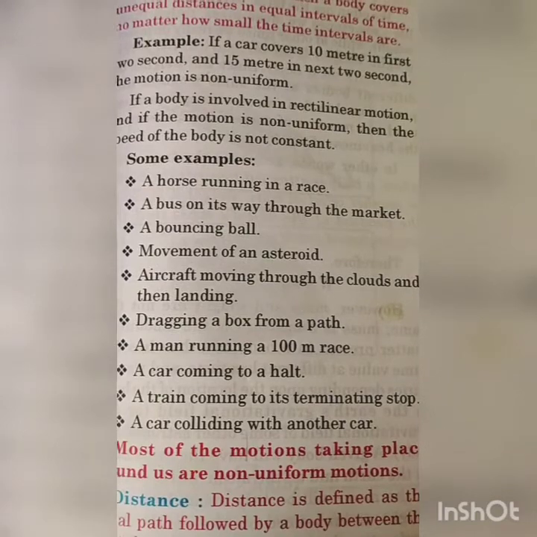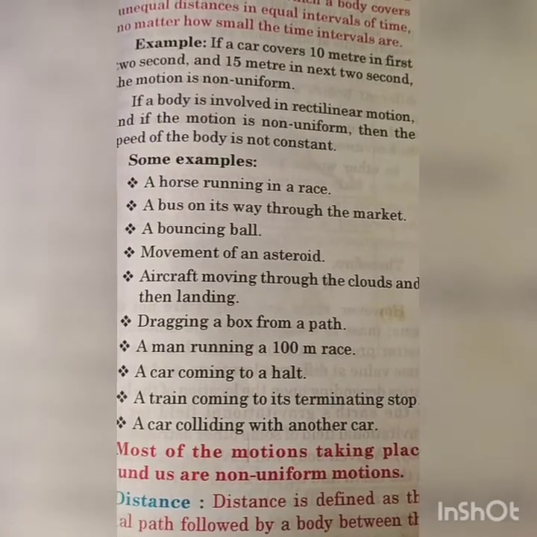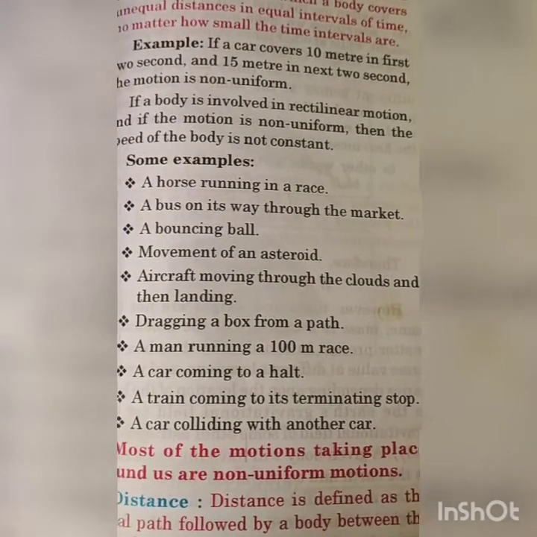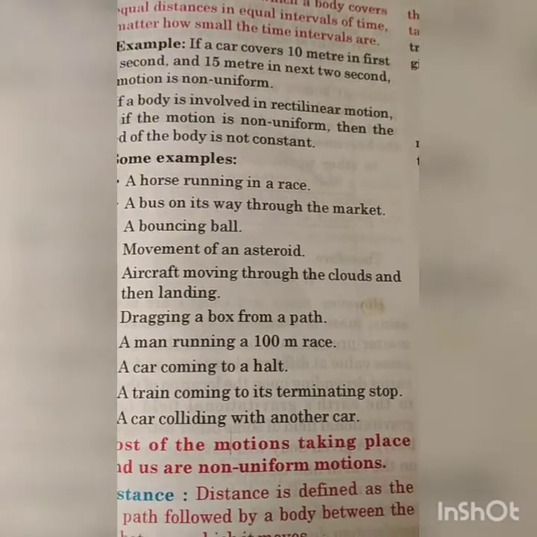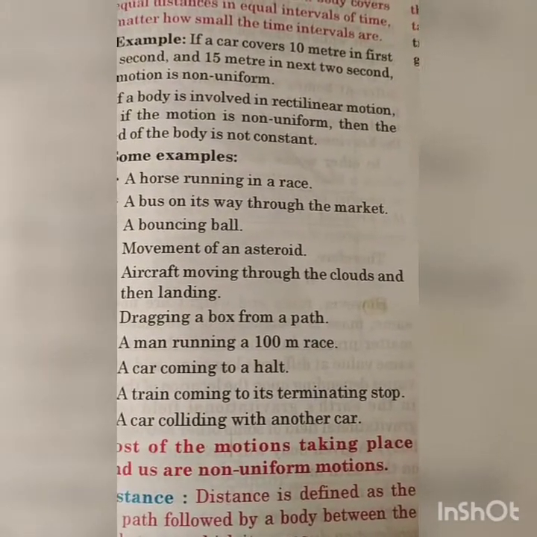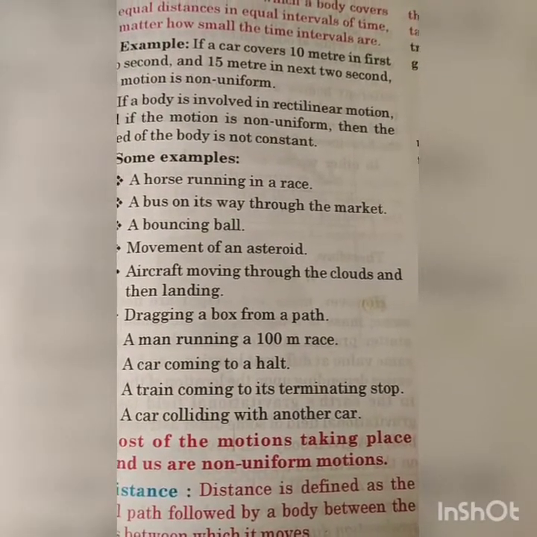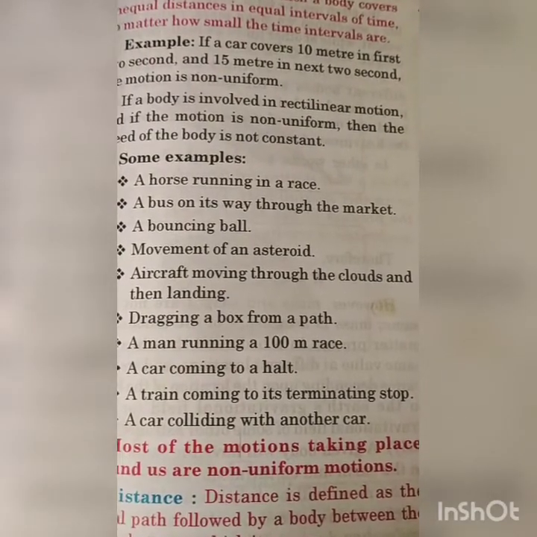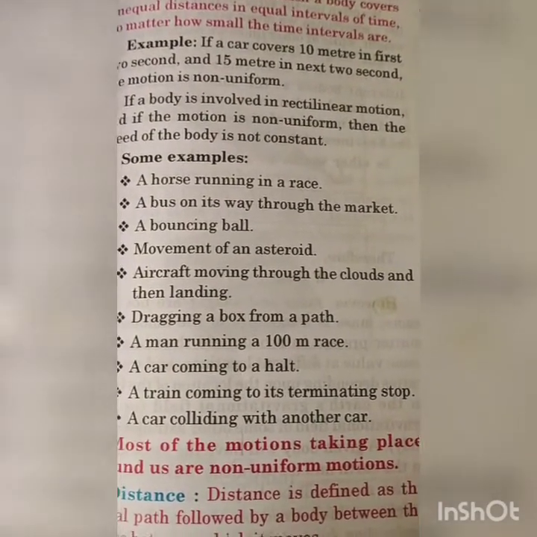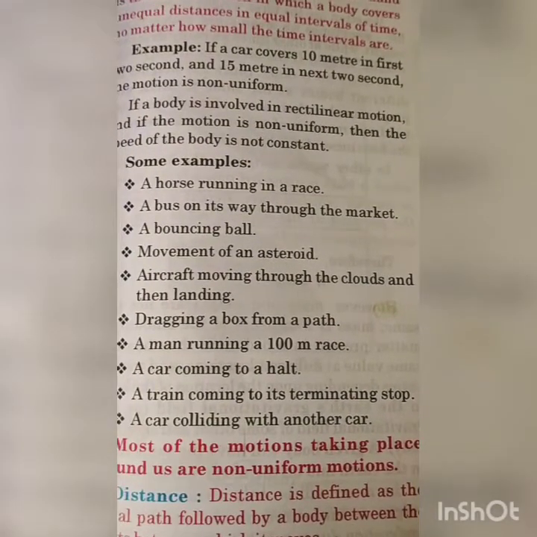A bouncing ball, when a ball goes higher the speed slows down and it reaches zero also at the highest point, then it comes down, and as it comes down the speed increases. So that is not uniform, non-uniform.